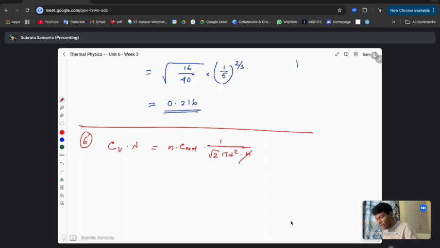So small n cancels. Because kappa is proportional to capital CV lambda, there is no dependence on n. So kappa does not depend on the number density, because in this product the n dependence cancels out.